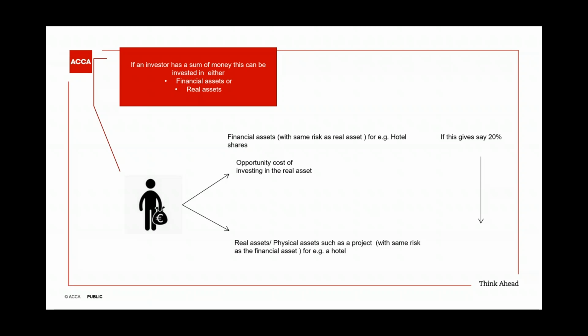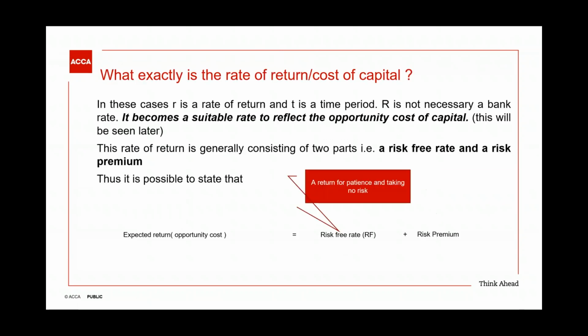And then it can be deduced that the real asset is giving you a return over and above that financial asset's return. That's why we say when the IRR is more than the opportunity cost of capital, it makes sense to go ahead with that particular investment. Okay, so that's what I explained there.